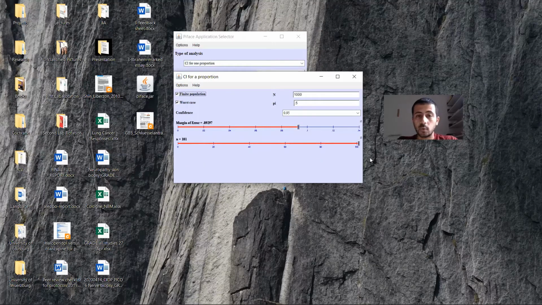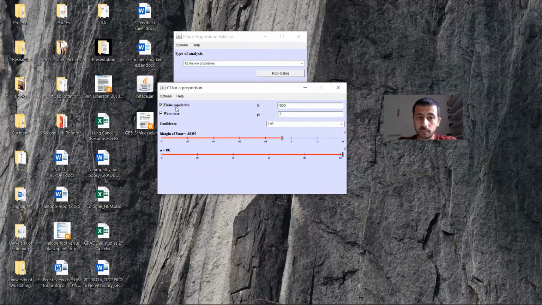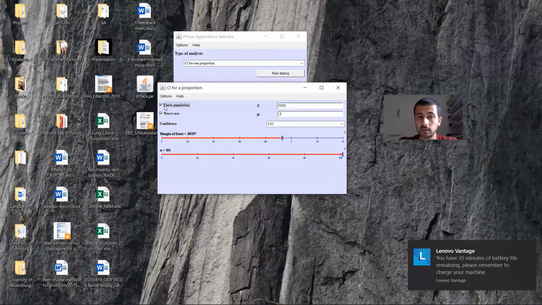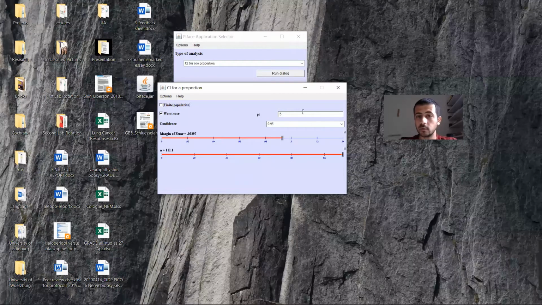So what can we see here? We have a finite population or an infinite population. If it is a finite population, I will choose the number. If it is infinite, then I just untick this and I don't have anything here.